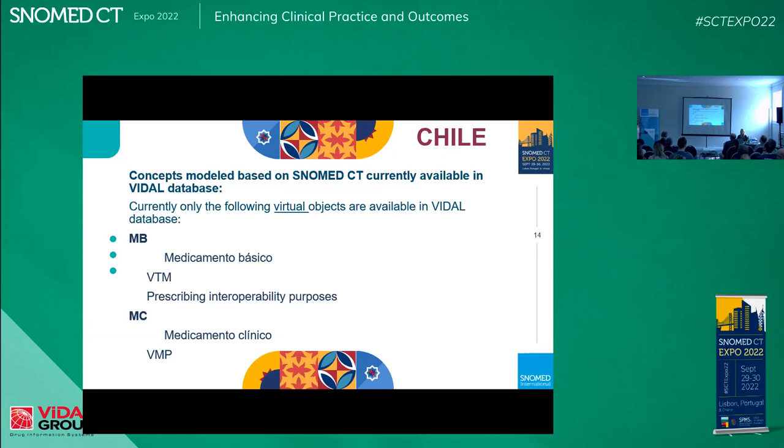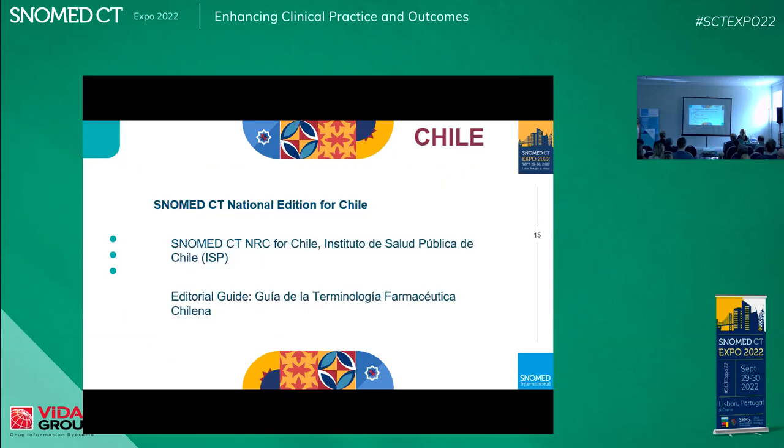Both of them are meant to be used for interoperability when prescribing. But the most specific one, the medicamento clínico, the MC, should be used for prescribing. The MB, the medicamento básico, is a VTM, and the medicamento clínico is a VMP.